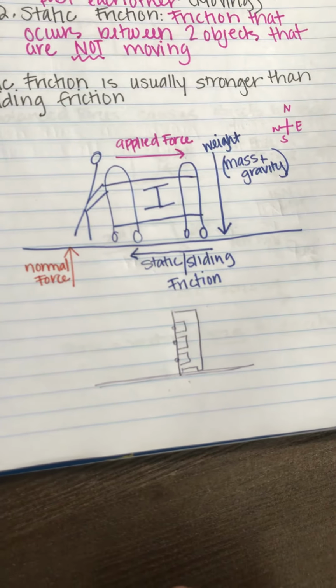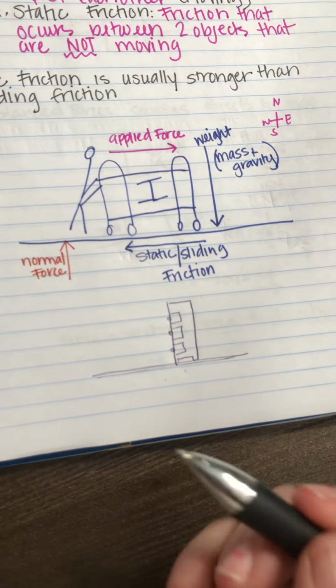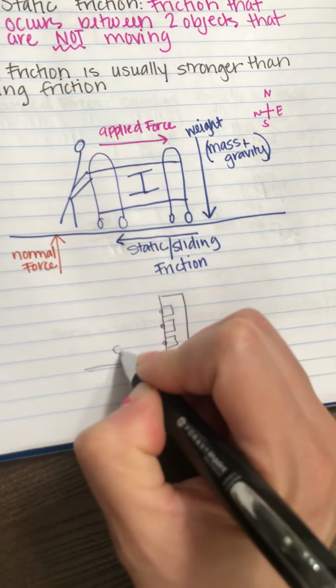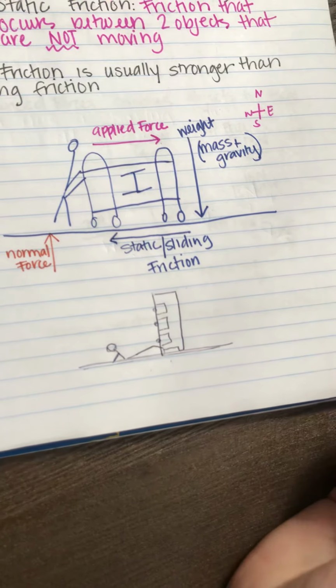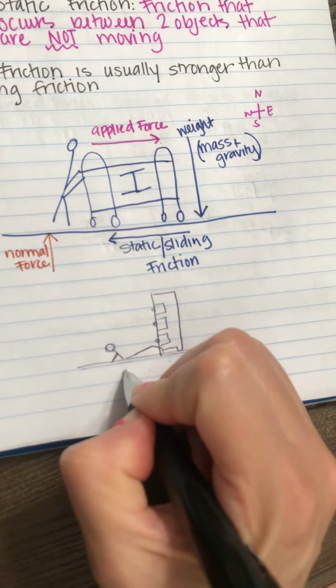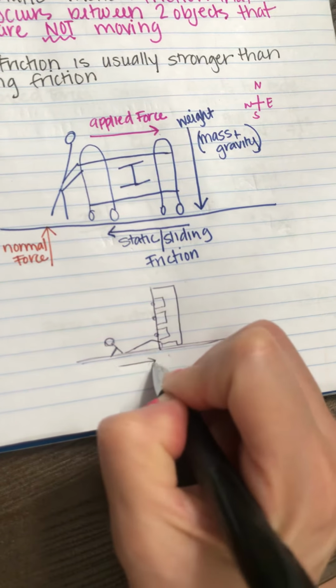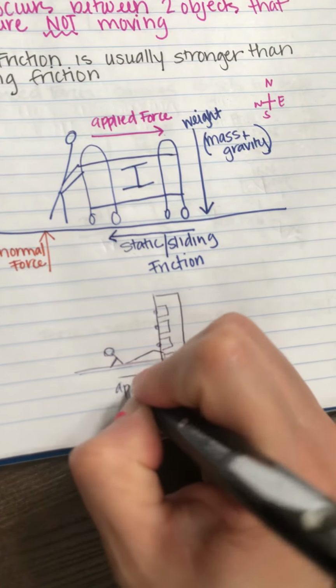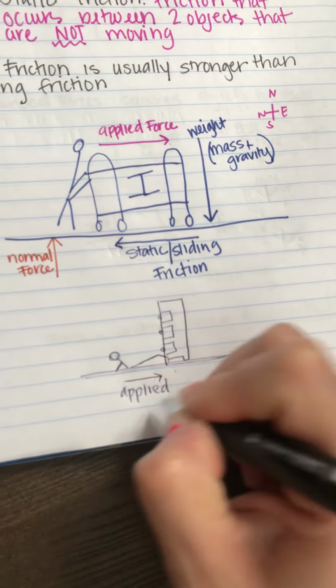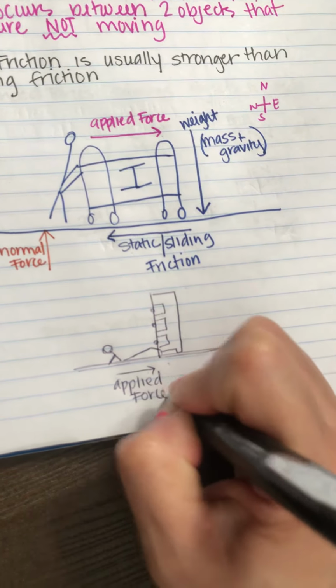Well, our legs happen to be a little bit stronger than our arms for some people. And so let's say you get on the floor and decide to push with your legs, okay? Now, originally you are going to push, you're going to apply a force moving that way because that's the direction that you want to move this dresser. So this is your applied force. Okay.